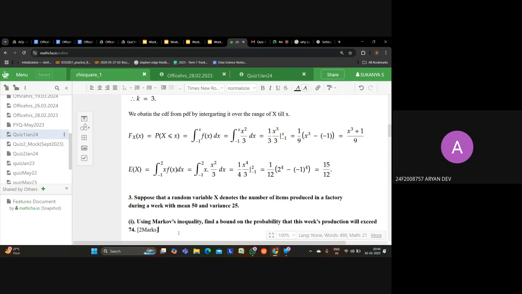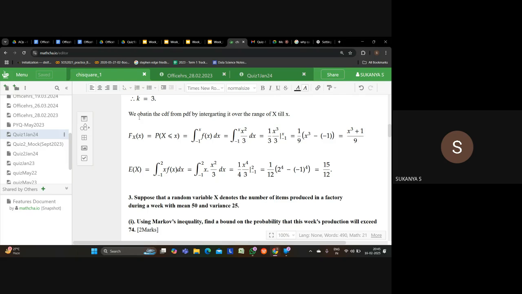It helps find the upper bound. Yes, perfect. But what's the formula? P of x greater than c is less than or equal to mu by c. No, it is probability of x greater than or equal to c, right?